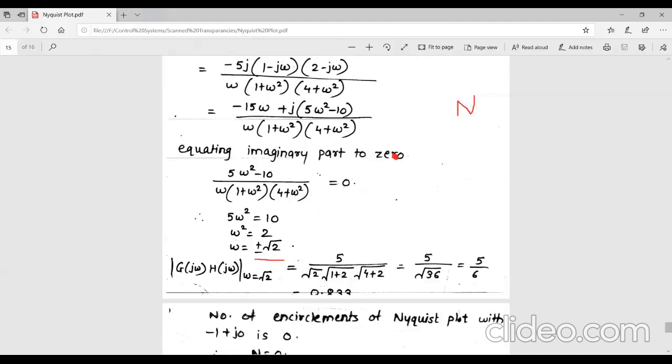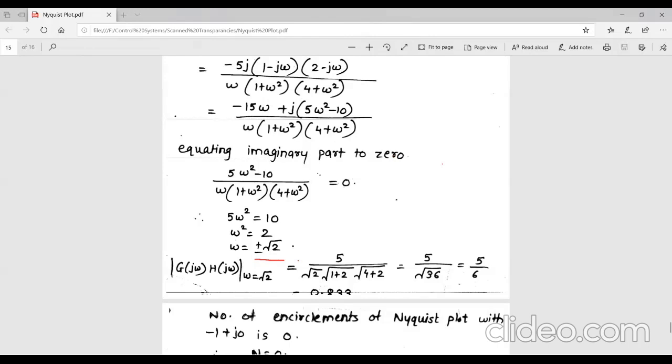In this imaginary part, again, we are equating the imaginary part to 0 and we are getting this equation. Omega is equal to plus minus under root 2. Okay. Now here, please understand, in polar plot, omega varies from 0 to plus infinity. So negative values of omega are out of our consideration, and that is why value of omega that we are considering is plus under root 2. That comes out to be 1.41, right?